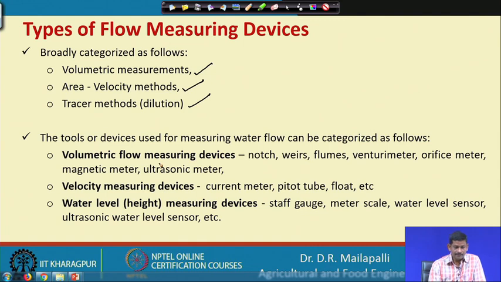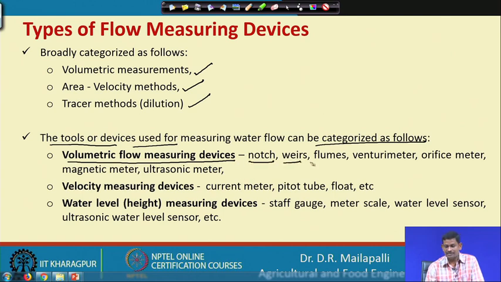The tools or devices used to measure flow can be categorized into volumetric flow measuring devices, such as notches, weirs, flumes, venturi meters, orifice meter, magnetic meter, or ultrasonic meter. So, these are volumetric flow devices.